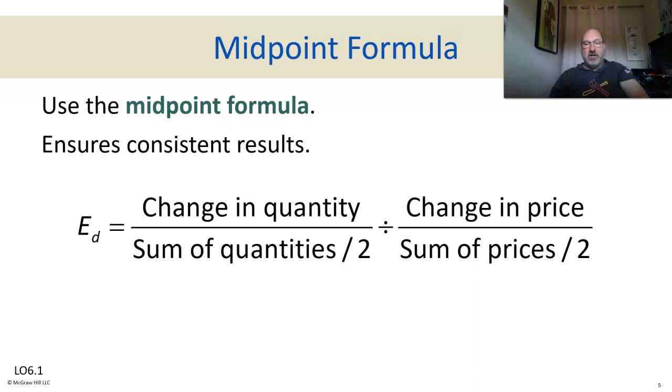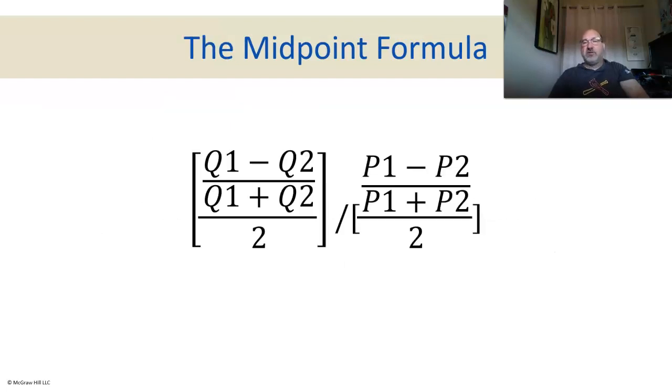So E sub D equals the change in quantity divided by the sum of quantities divided by 2, divided by the change in price divided by the sum of prices divided by 2. In numbers, it looks like this: Q1 minus Q2 divided by Q1 plus Q2 divided by 2, divided by P1 minus P2 divided by P1 plus P2 divided by 2.